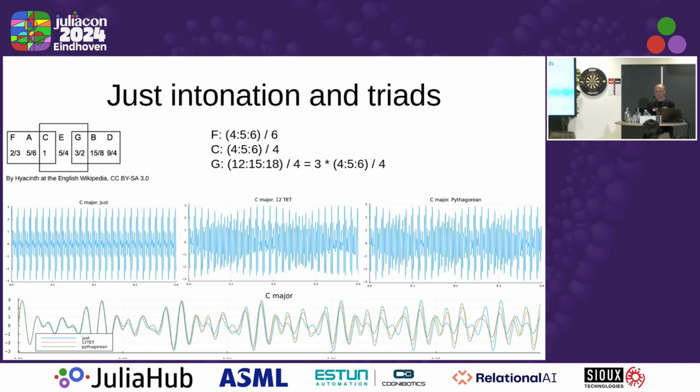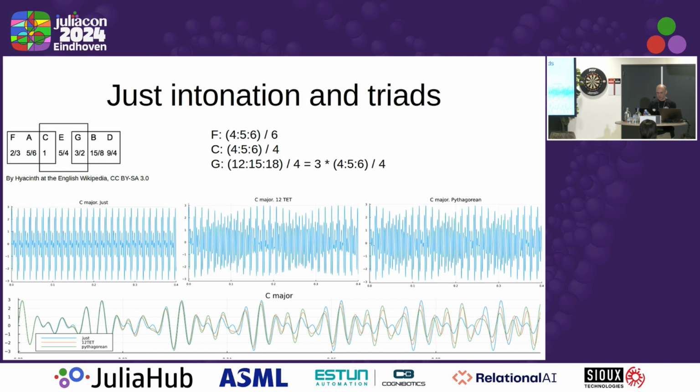I wanted to get to this slide because one nice thing about the just intonation is if you take the 3 major chords, if you play a guitar, you know 3 chords, it's these 3 chords. If you take those, then for all of these 3 chords, you actually have the same ratio between the frequencies, so 4, 5, 6.